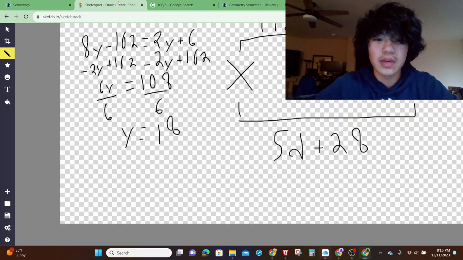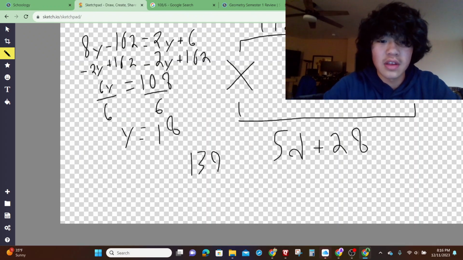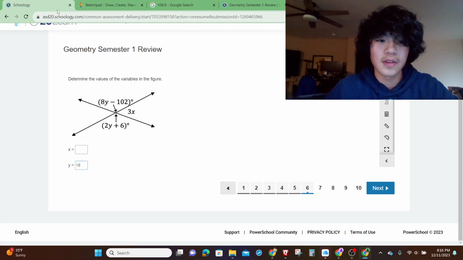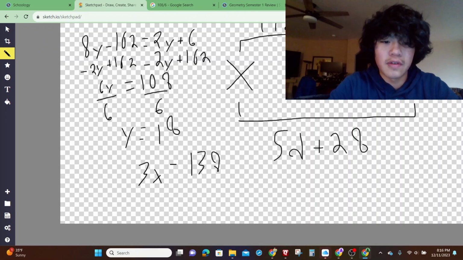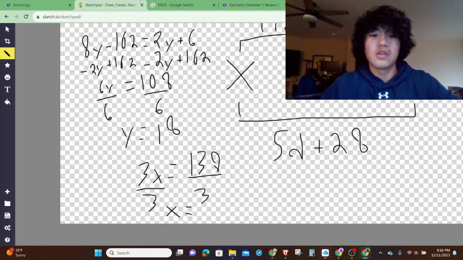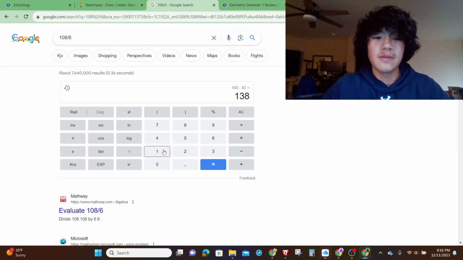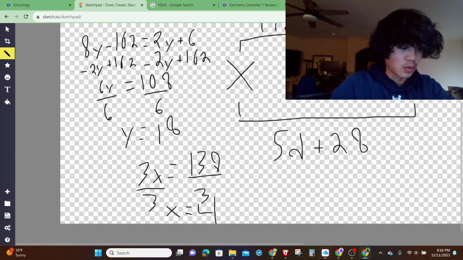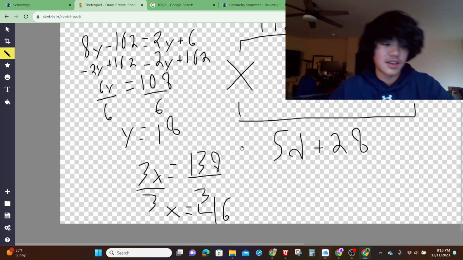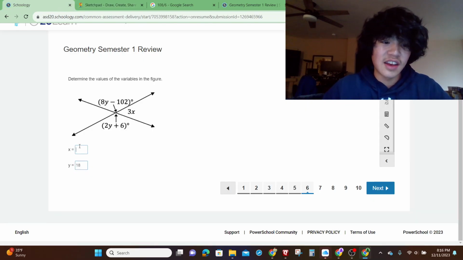As you can see, we got 138. That's the missing angle. Then we can set 3x equal to that to find the value of x. So x equals 138 divided by 3, which gives us 46. So we know x equals 46. Wonderful. We can now move on.